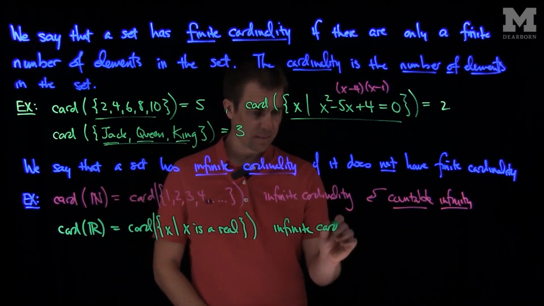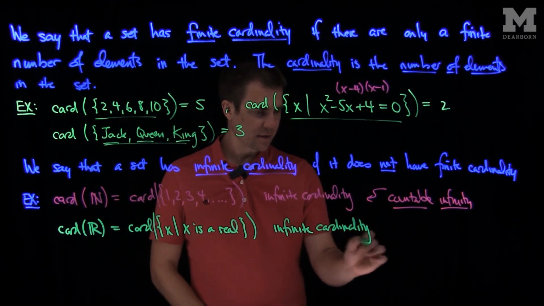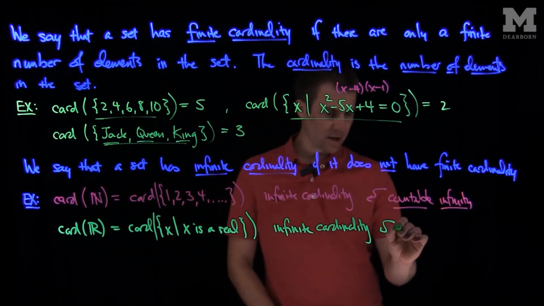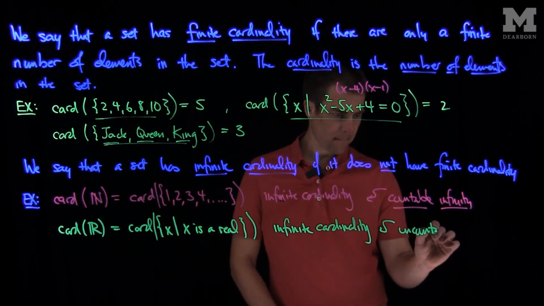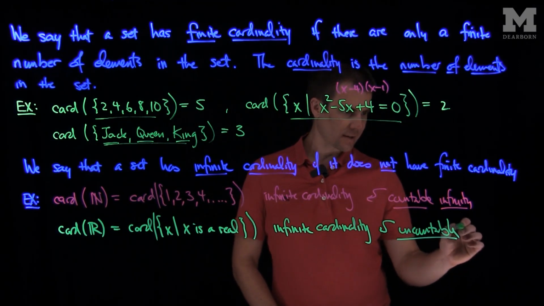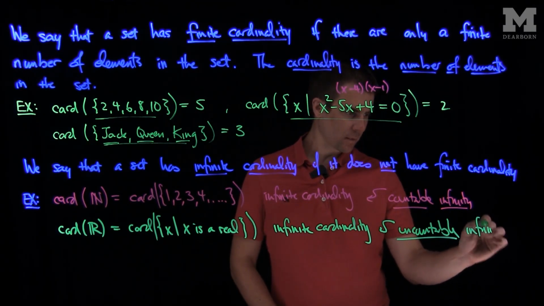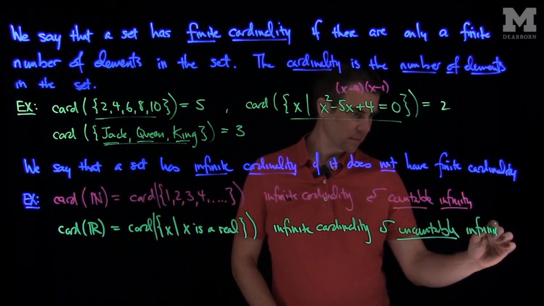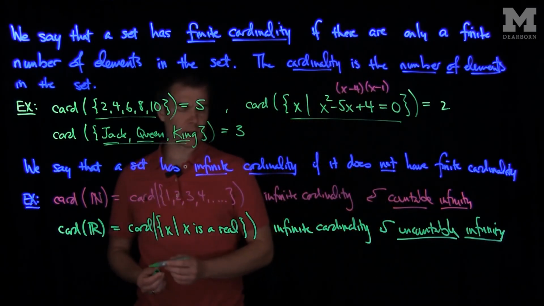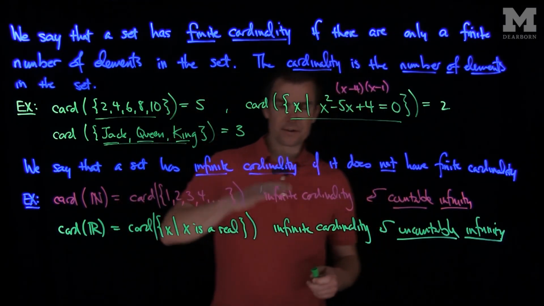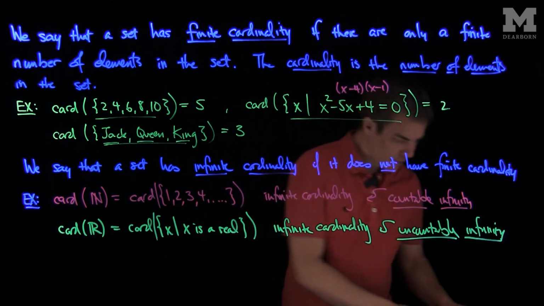And it can be shown in a class in analysis that this set is uncountable. It's an uncountable infinity. We won't show that in this class, but suffice to know that there are different infinite cardinalities.